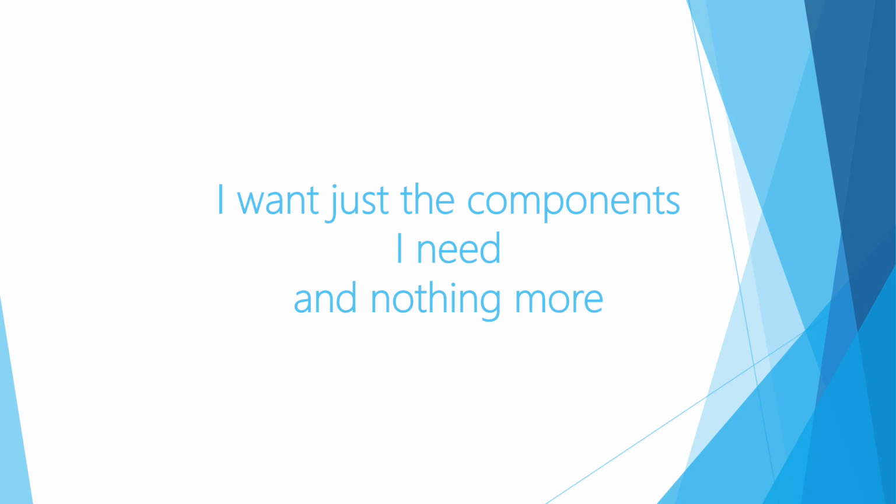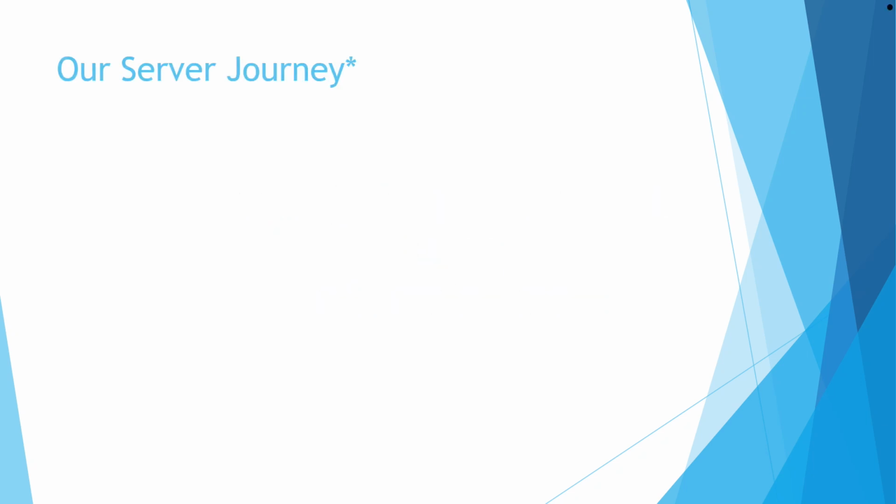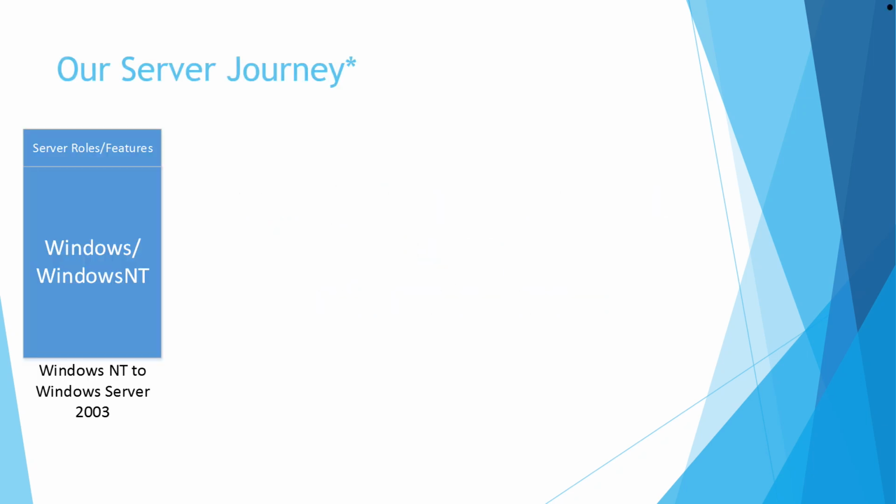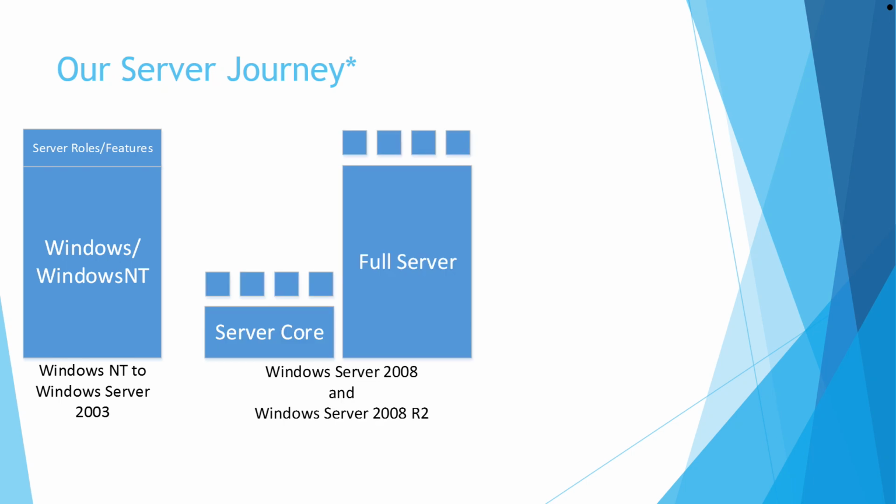So this brings us to our first tenet here, which is I want just the components I need and nothing more. And to show you that, we'll step through a quick journey of how we got to where we are. So historically, Windows Server had this big footprint, and you'd add on roles and features leading up to the Server 2K3 timeframe.